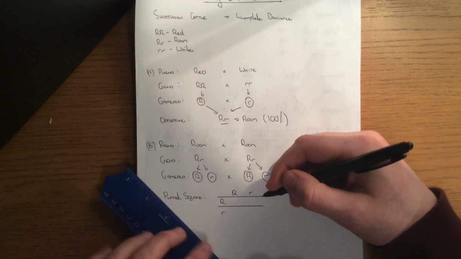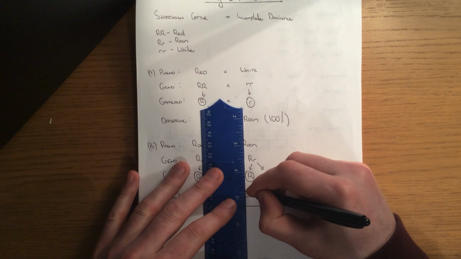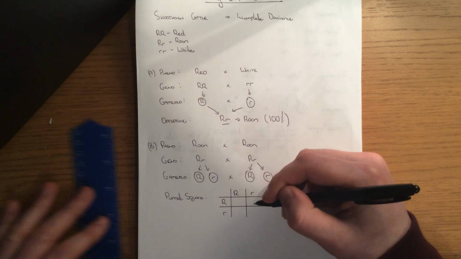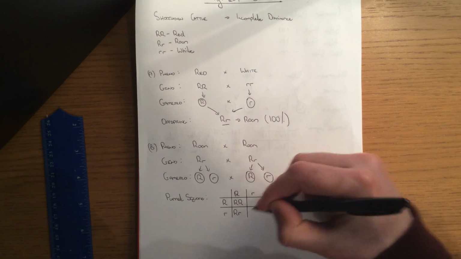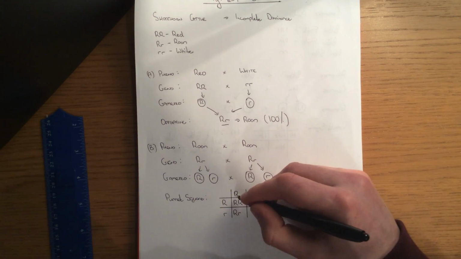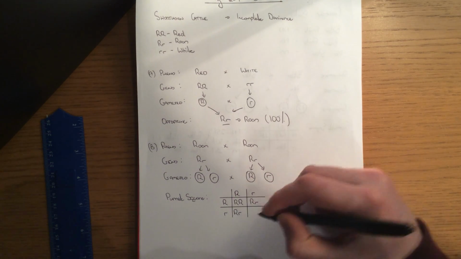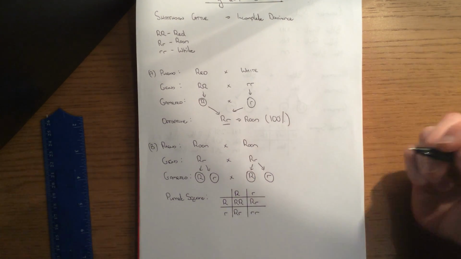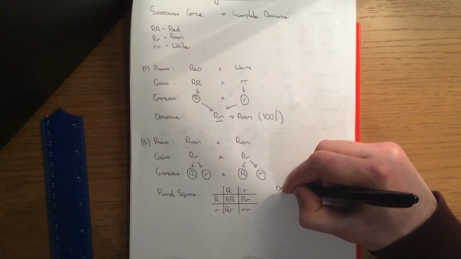Always use a ruler, just keep it neat and tidy just so the examiner can see it, and then at least you can make sure you're going to pick up all the available marks. The last thing you want is really kind of messy outcome at the end. So capital R, then we have capital R, small r, capital R, small r, and then finally the last box is small r.